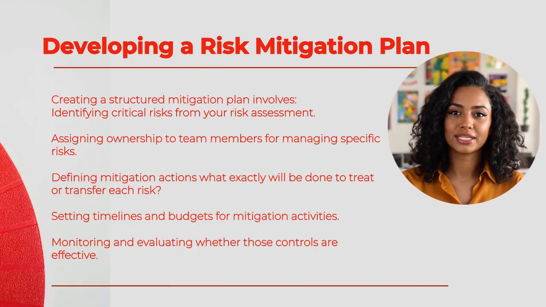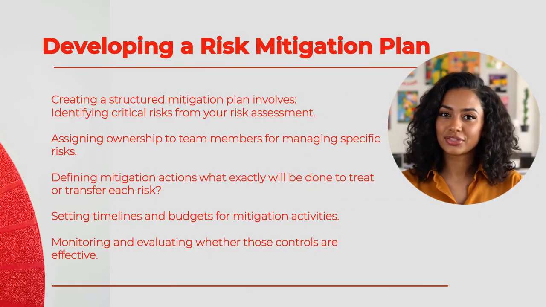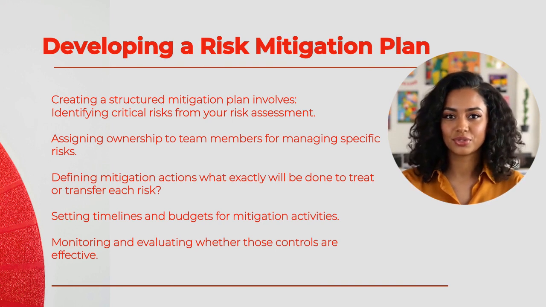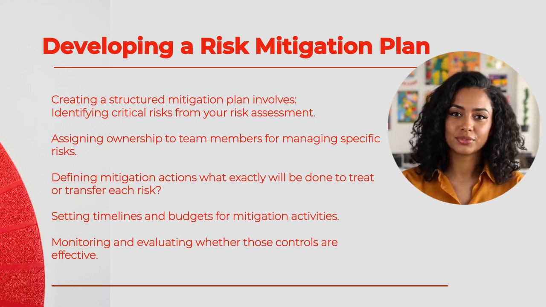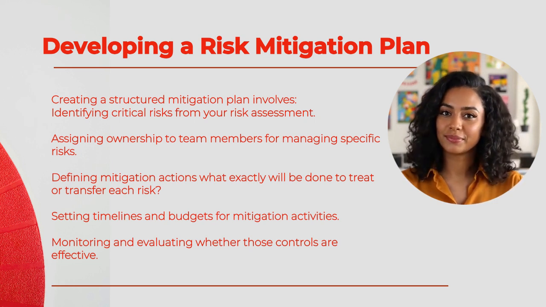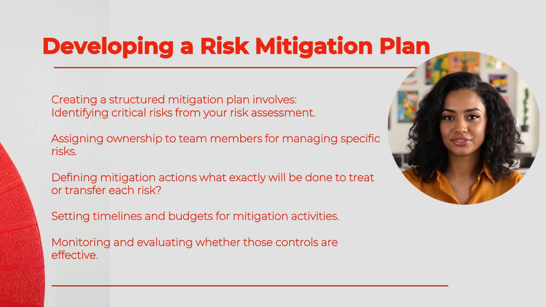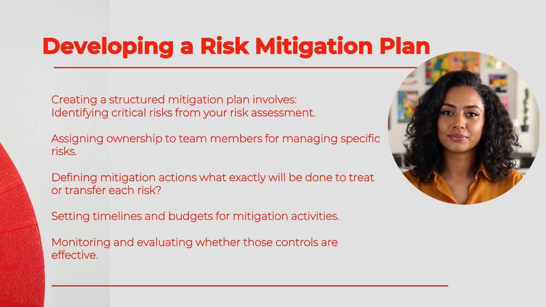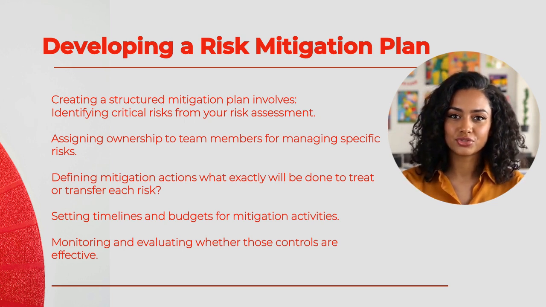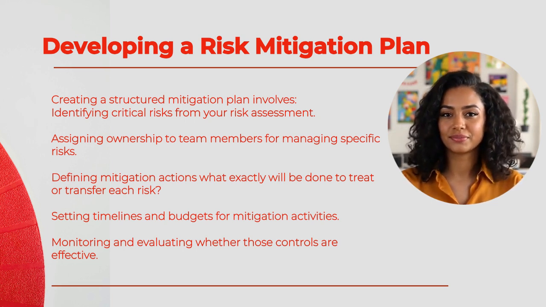Developing a risk mitigation plan. Creating a structured mitigation plan involves: 1. Identifying critical risks from your risk assessment. 2. Assigning ownership to team members for managing specific risks. 3. Defining mitigation actions: what exactly will be done to treat or transfer each risk? 4.